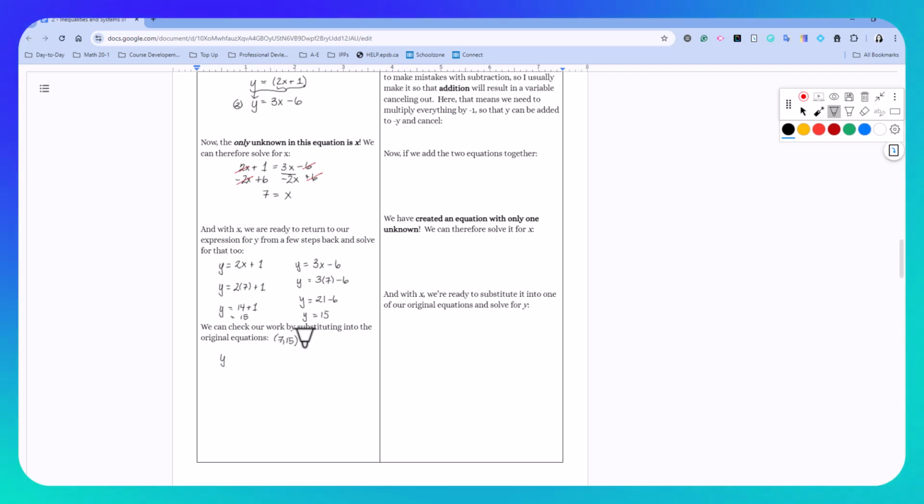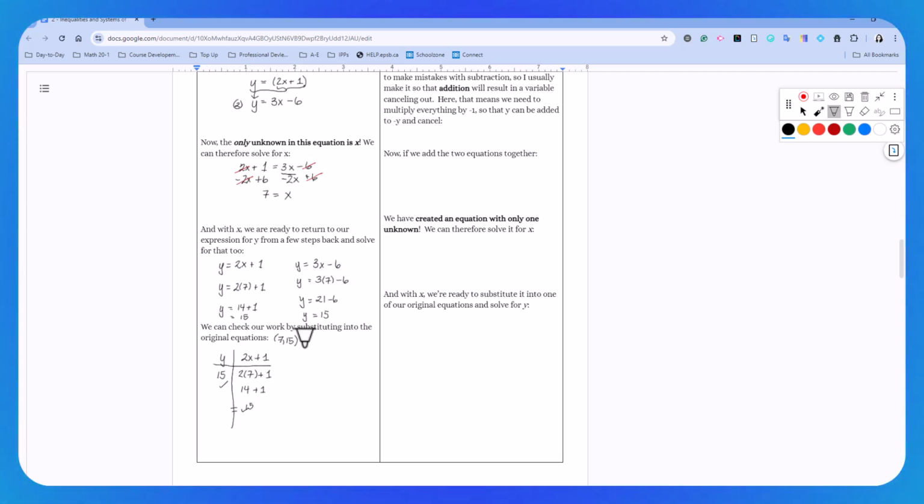If we have y equals 2x plus 1, I want to make sure that the right-hand side equals the left-hand side. So wherever there's a y, I put the 15. Wherever there's an x, I put the 7. And sure enough, 14 plus 1 equals 15. So we know it actually is a solution for the first equation.